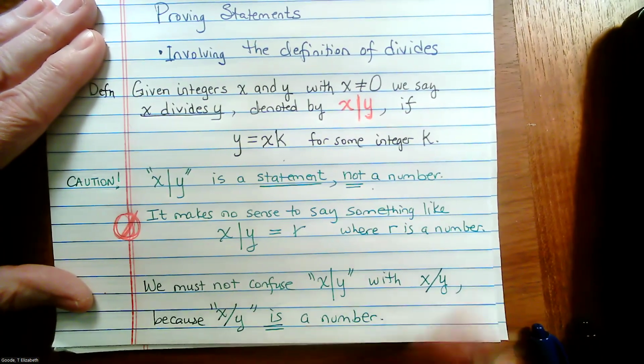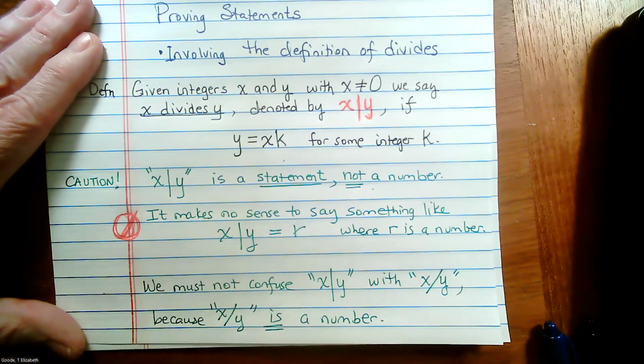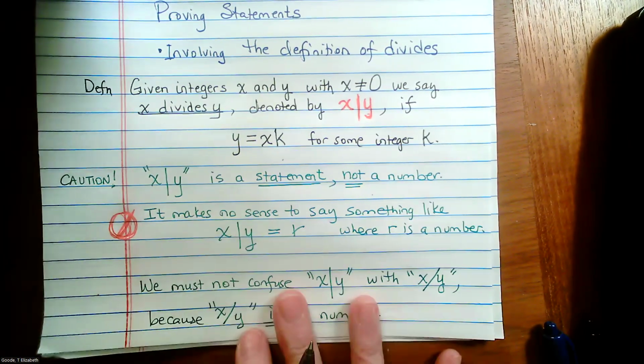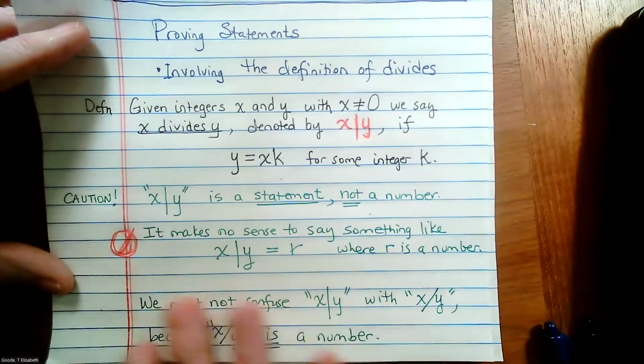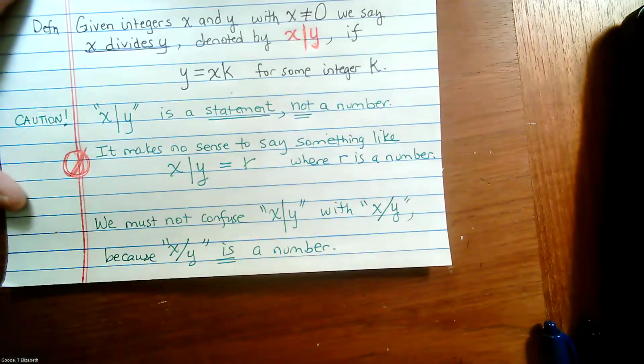It's whatever the number is when you divide x by y. See what I mean? All right, so that's the first thing that gives students fits. It's just the notation. So let's keep our definition up here where we can see it.